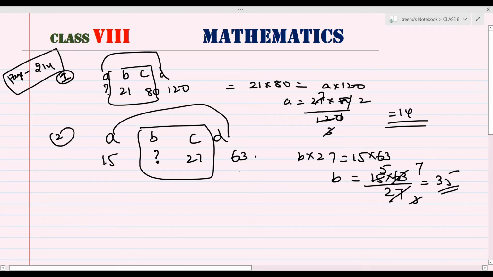The next question: if the other two terms of a continued proportion are 15 and 60, then find the mean term.